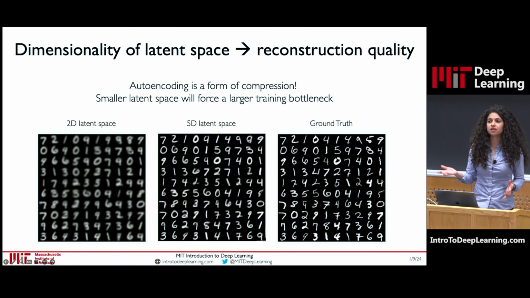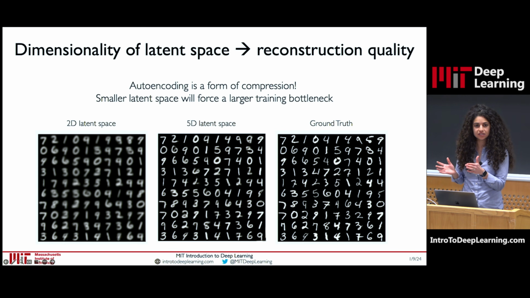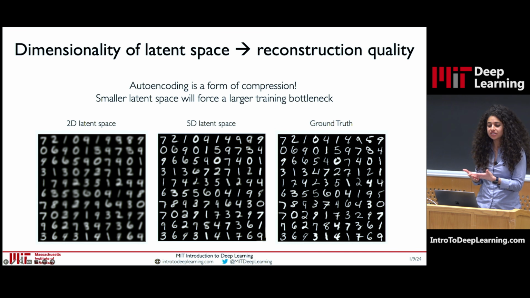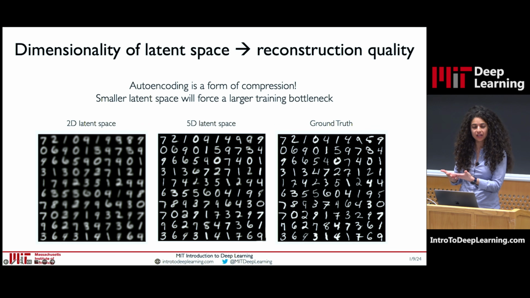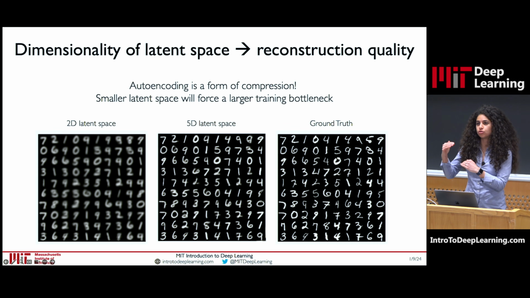So when it comes to this earlier question of what's the dimensionality of this space Z? It turns out a really good way to think about this is this notion of orthogonality and also of memory bottleneck and compression. Depending on how big you choose that latent space, that encoding to be, the quality of your reconstructions and the quality of the generations you can get out is going to be different.